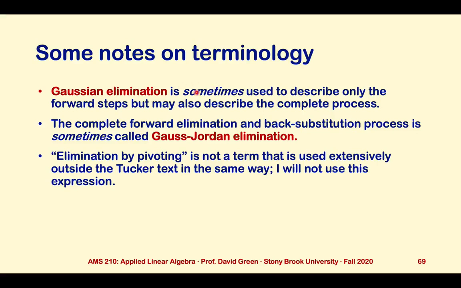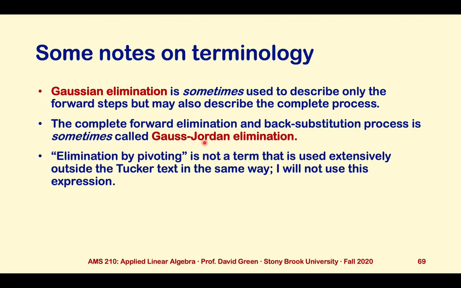Sometimes people use Gaussian elimination to mean what I've been calling forward elimination, only the forward steps, and then they use back substitution as a term for the other piece. The complete process of forward elimination followed by back substitution is sometimes called Gauss-Jordan elimination.